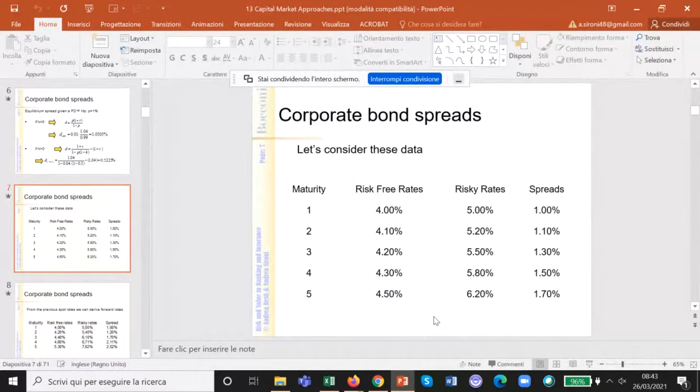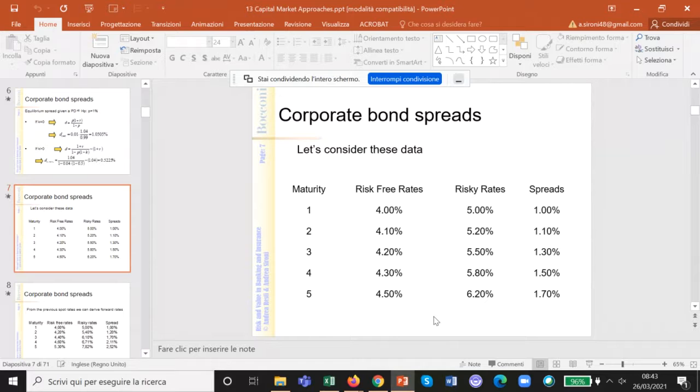Now let's look at a few numerical examples to see what could be done in terms of the data that you can extract. Here are the two curves for risk-free rates for different maturities. You can see that the risk-free rates are slightly increasing with time.